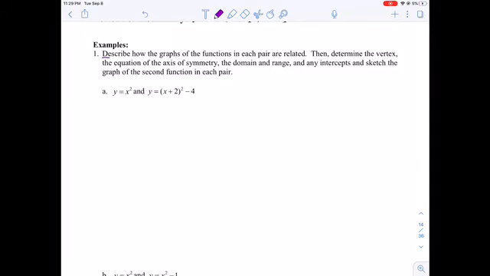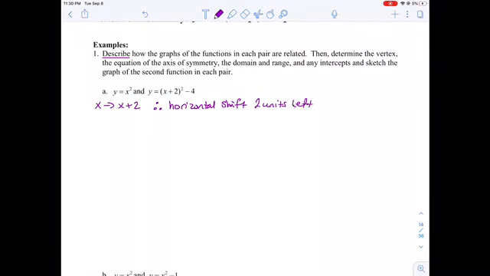Now the first thing is the description. What has happened here? x has been replaced with x plus 2. Therefore, we've got a horizontal shift, 2 units left.